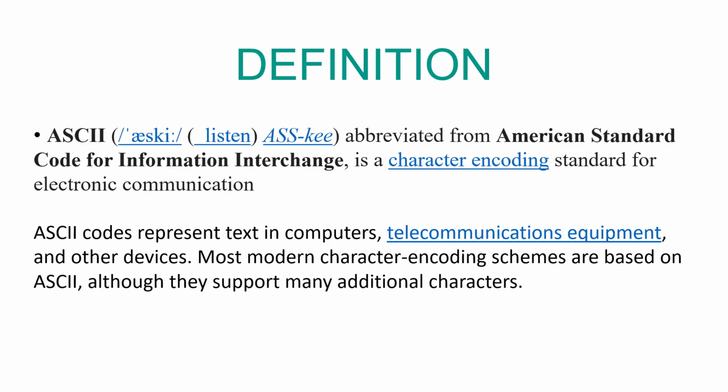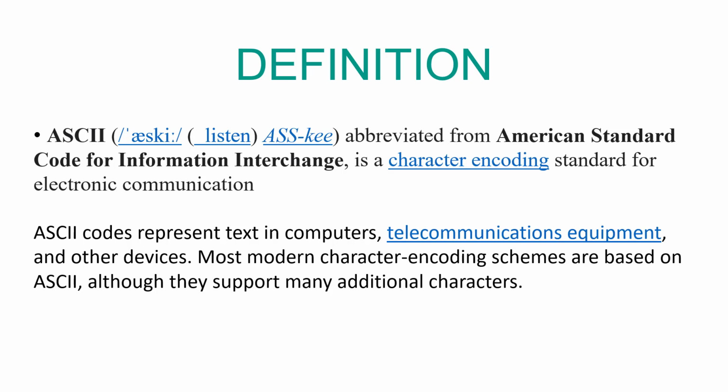Well, what is the definition of ASCII? It's abbreviated from American Standard Code for Information Interchange. It is a character encoding standard for electronic communication. ASCII code represents text in computers, telecommunications equipment, and other devices.